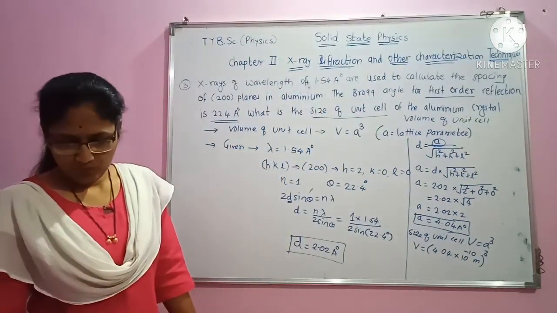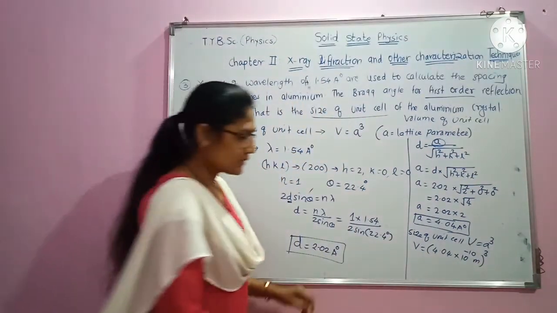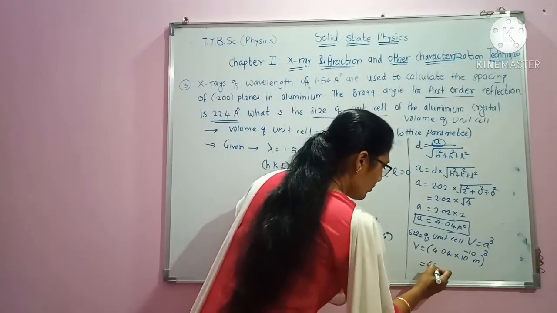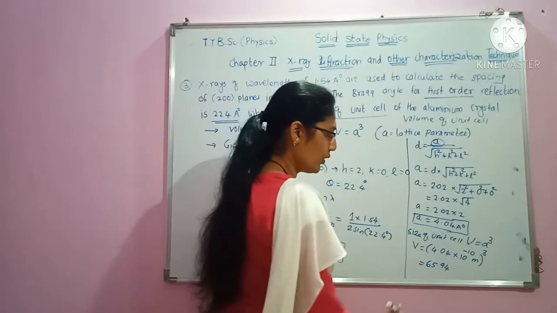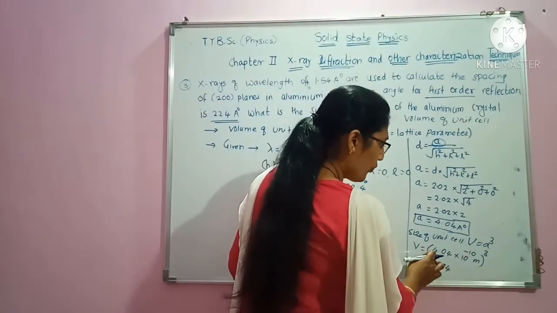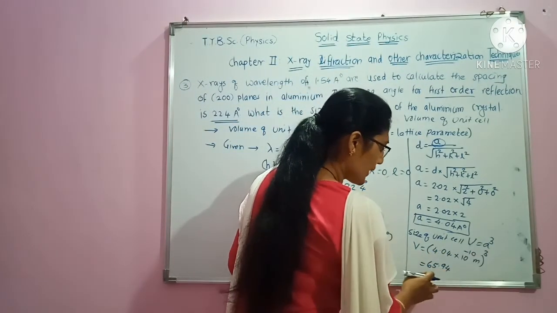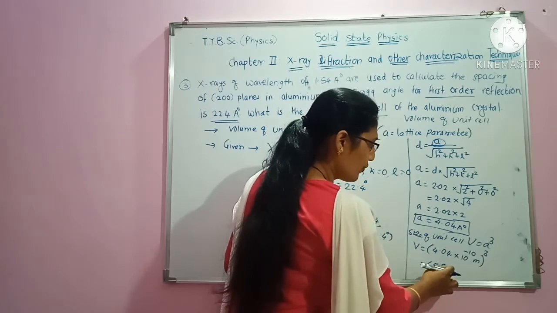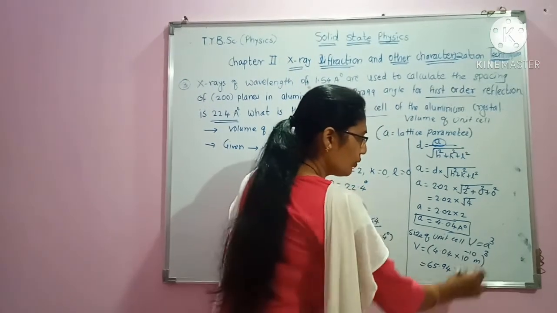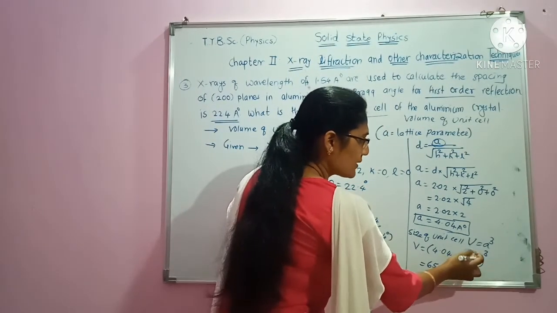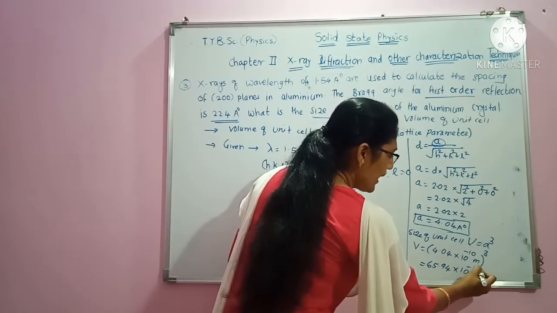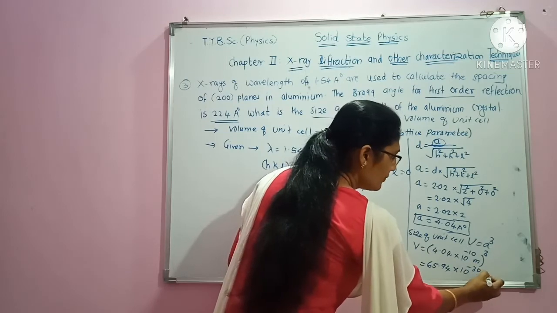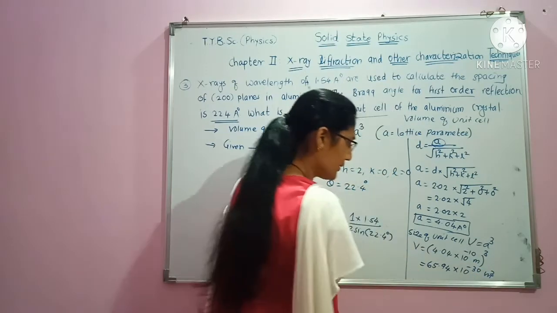So cube of 4.04 comes out as 65.94, and cube of 10 raised to minus 10 is 10 raised to minus 30, in meter cube.